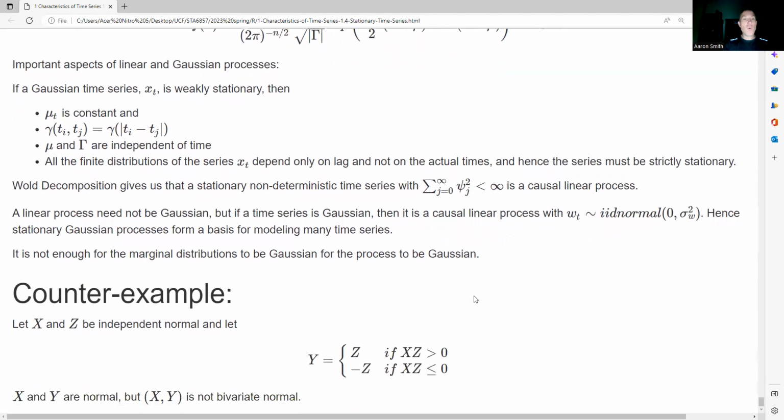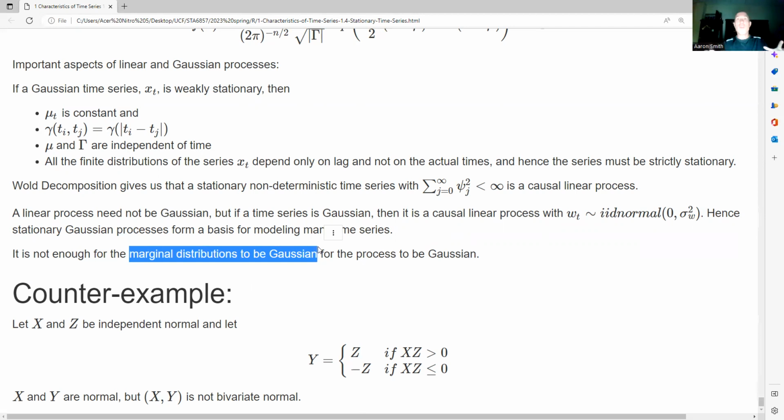Here's an example of a marginal distribution not being enough for us to have the property that we want. If I have a marginal distribution that is Gaussian, that does not mean that the entire process is Gaussian. When I say Gaussian, that's for the entire process itself. When I say marginal, that's when I'm considering just one dimension at a time.